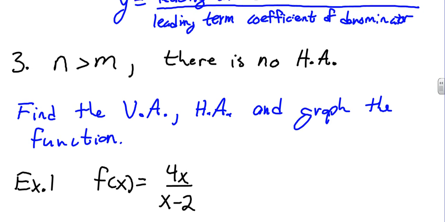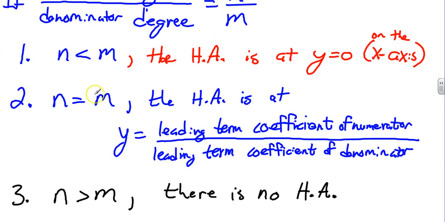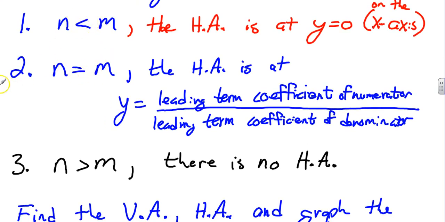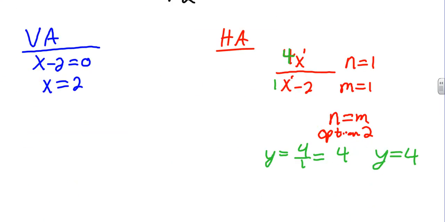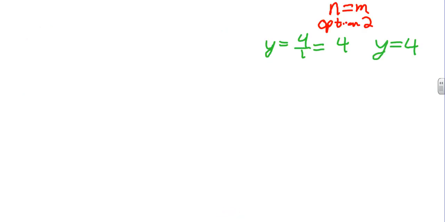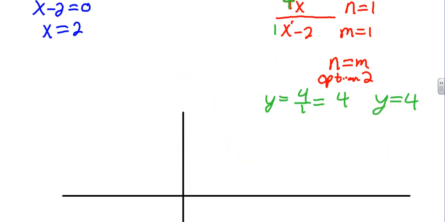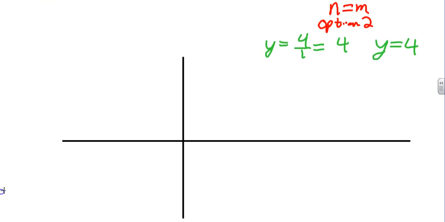So basically when you're graphing these, it's either going to be one of these two, because we're not going to have the slant asymptote part of this one. So it's either going to be they're equal or this one's going to be less than. And the way this thing is setting up, that's going to go for it. Now, here's where we'll graph it, because we haven't told you how to graph it, but we'll go ahead and do it here. x is equal to 2 and y is equal to 4.